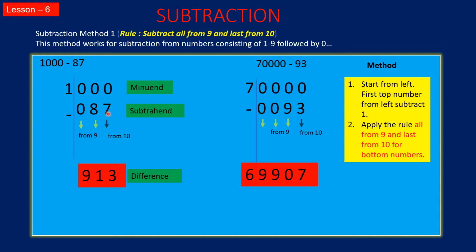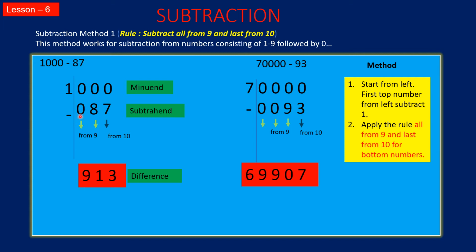And then the first step is start from left. First top number, that is here, is 1. First top number from left, subtract 1. So 1 minus 1 is 0. So 0 has no value, so you don't have to write 0 in the answer box.